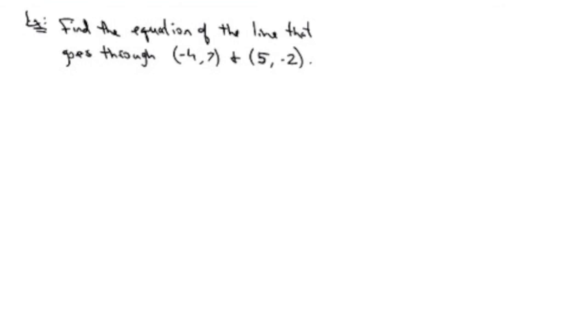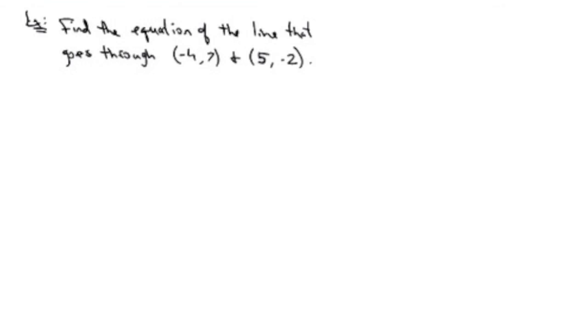Another way of defining a line is going through a certain point with a certain slope. And the slope never ever changes. Other graphs, they change. Lines, they never ever change. Constant slope.